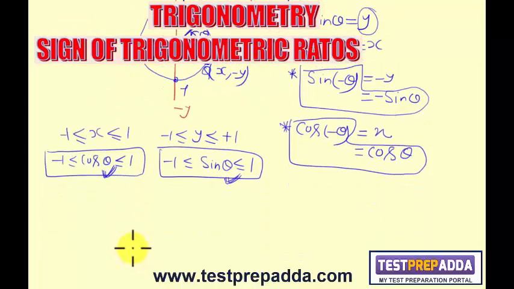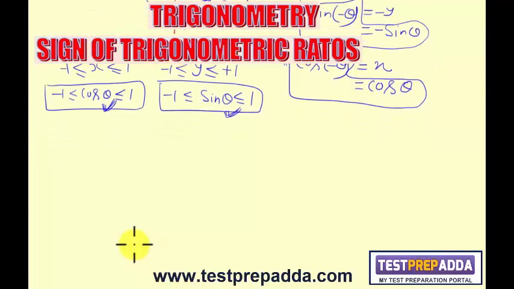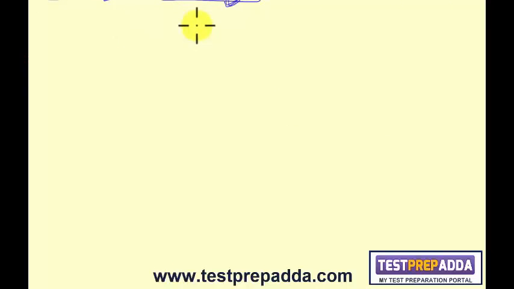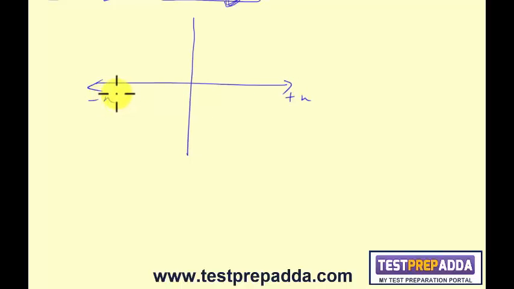Now, consider four quadrants. This is the xy plane, plus x, minus x, plus y, minus y.